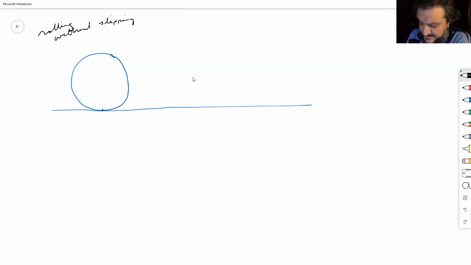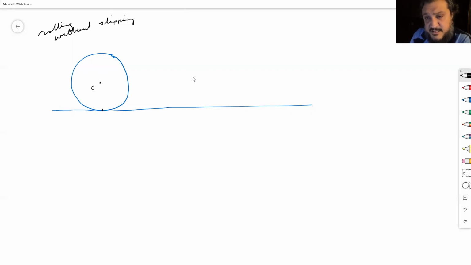Okay, so let's apply this analysis again. So we have the motion as rotation and also translation. The translation comes from the center of mass right here. If it's a uniform disk, the center of mass is also the geometrical center.